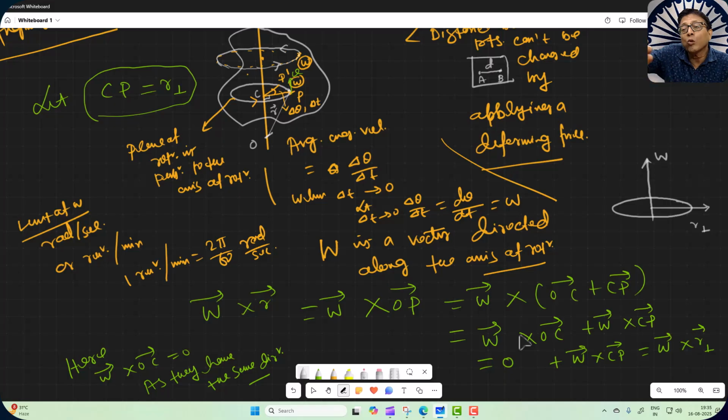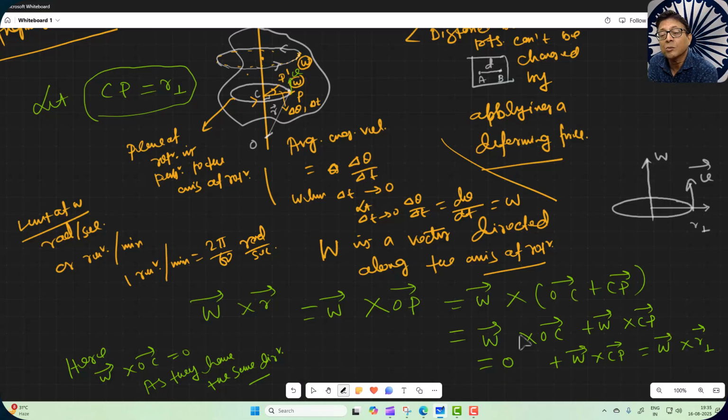Then if you take omega cross r, curl the fingers of the right hand from omega to r, then V is tangential. And in a circular path, V is always tangential. So have you made any mistake by taking omega along the axis of rotation?